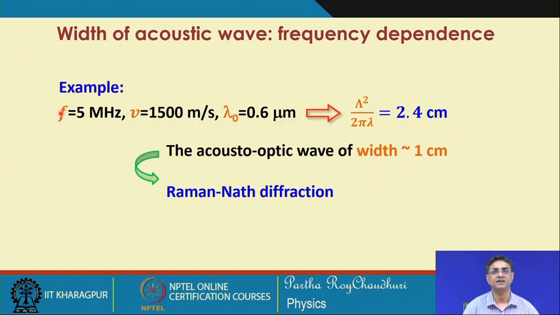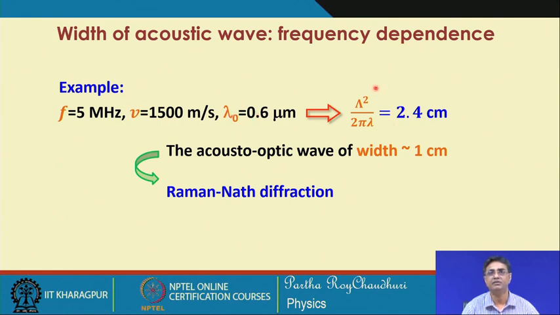So, for this case, I have an acoustic wave frequency of 5 megahertz. The velocity of the sound wave in the acoustic cell, in the liquid which is contained in the acoustic cell, is this, and the light wave which is going to travel through this medium is this.